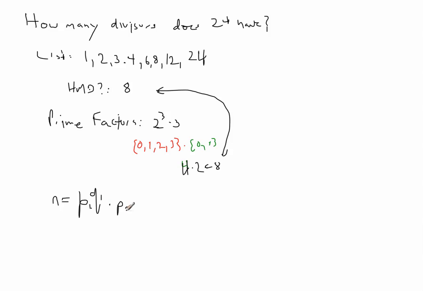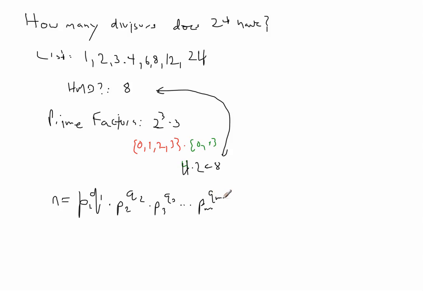Prime 2 has some exponent q2, and then prime 3, etc., has some exponent q3, and then this goes on for as long as it needs to. In particular, let's say maybe that there are m prime factors. So m as in Michael, and then q as in Michael.